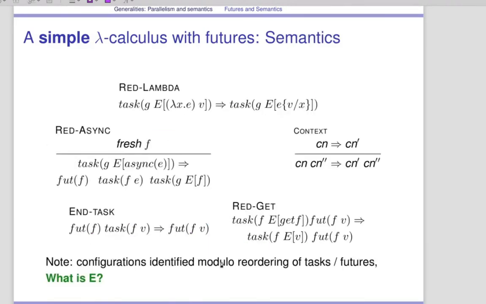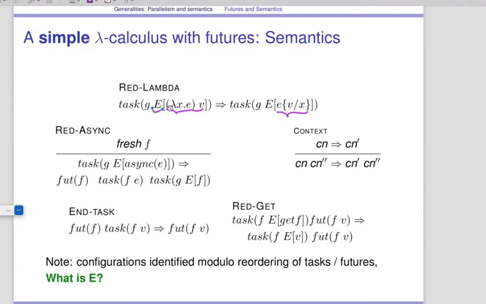So what is the semantics? The semantics will explain how to reduce from one configuration to another configuration. So inside the semantics, we first have the classical lambda calculus. So the classical lambda abstraction would say, if I have somewhere lambda x of e applied to v, then this is the same as having the term e where the parameter x is replaced by v.